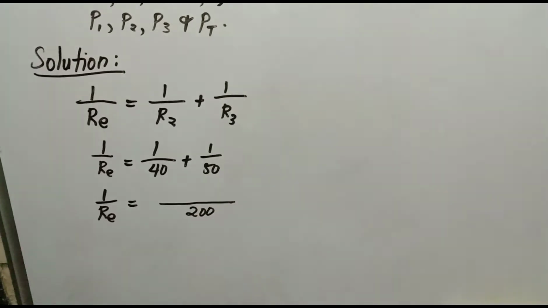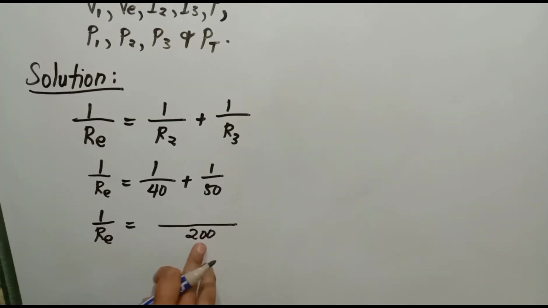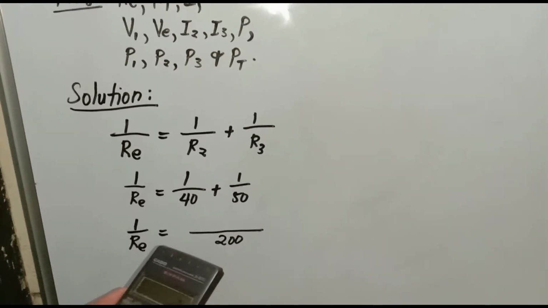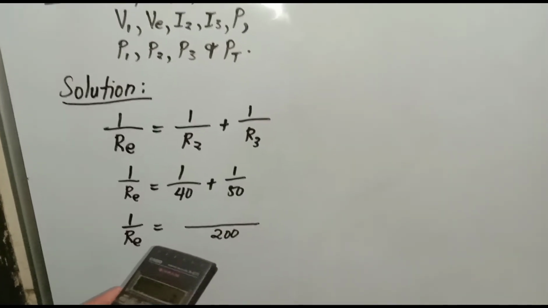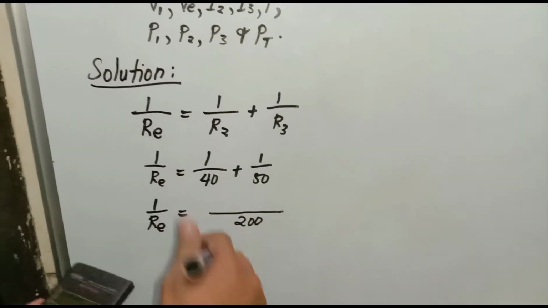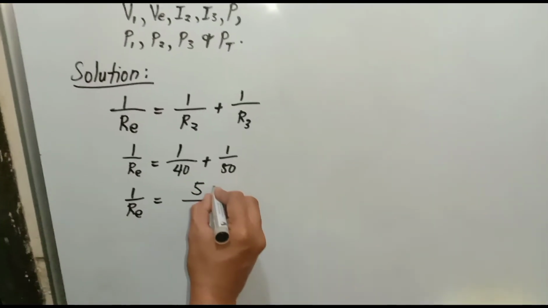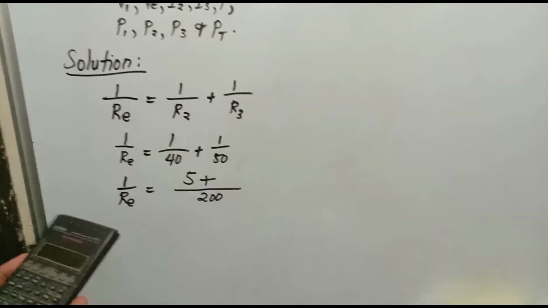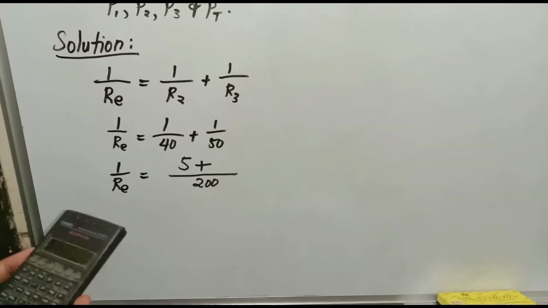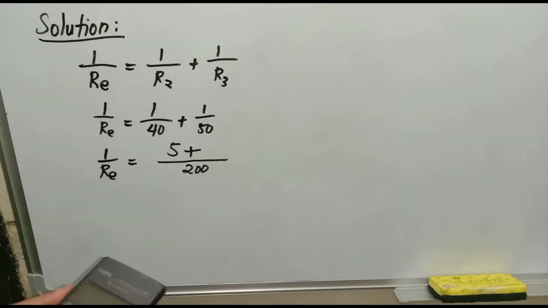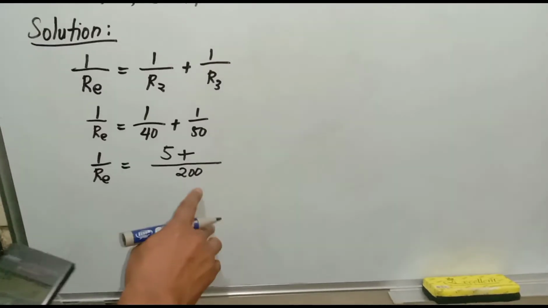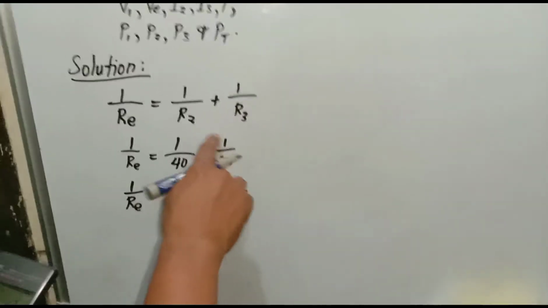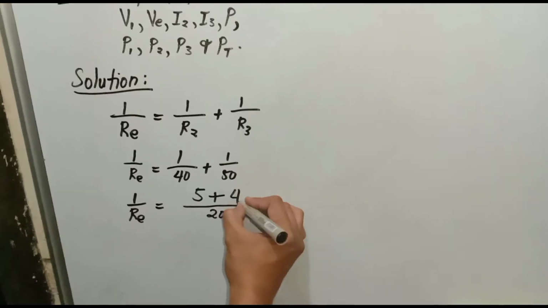So 200 divided by 40 is 5, plus 200 divided by 50 is 4.